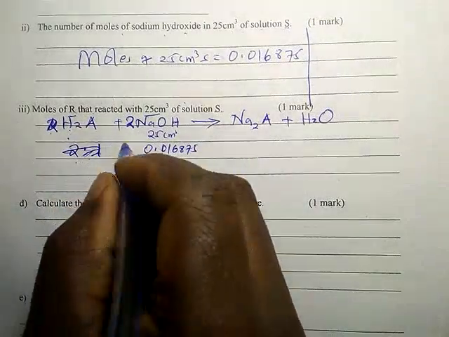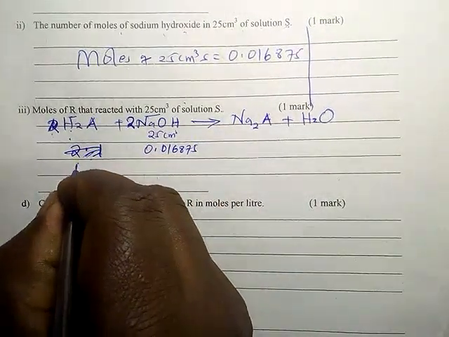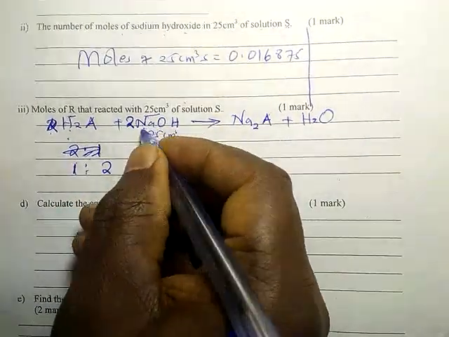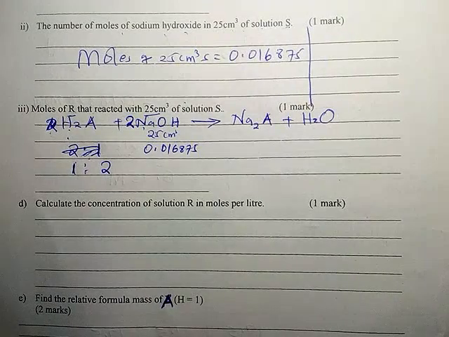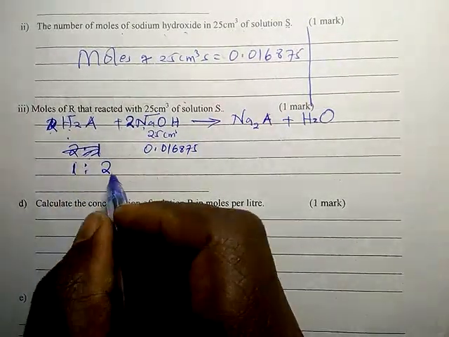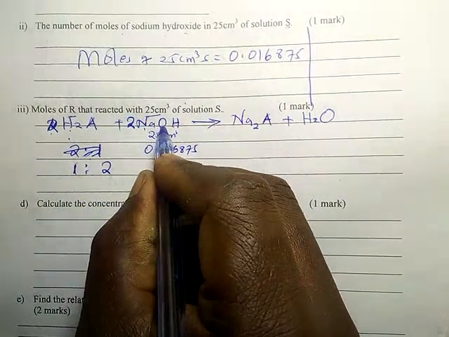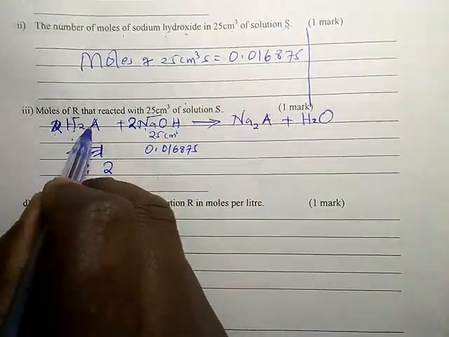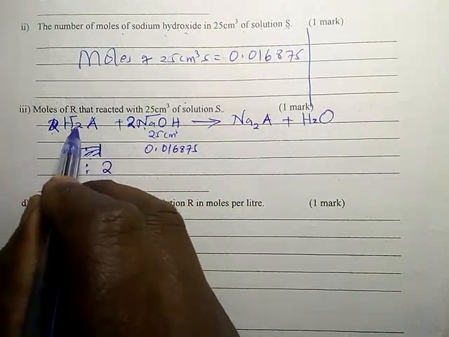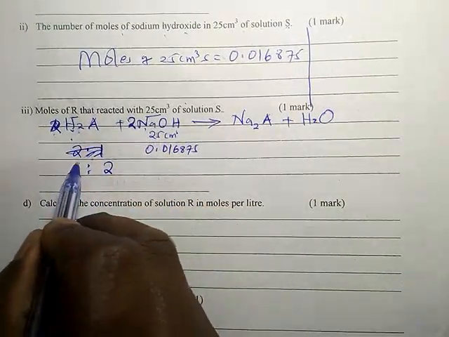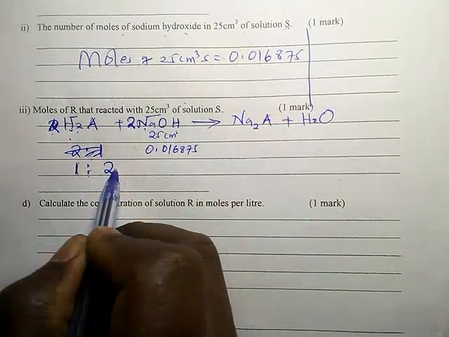Now the ratio here is 1 acid to 2 base. Right? Now it means that we have the number of moles of the base. For sulfuric acid, the dibasic acid, we can get the number of moles using the relationship, which is the ratio 1 to 2.